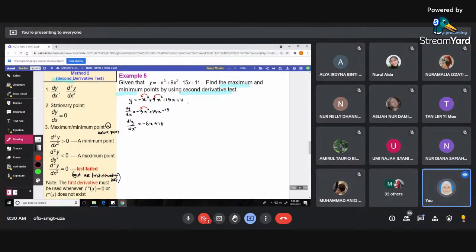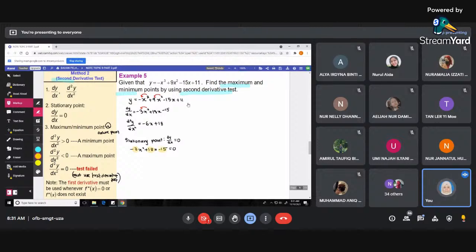Lepas tu, second step, kita kena cari apa? Stationary point. Apa syarat stationary point? dy/dx equal to 0. So that's why we write again, negative 3x squared plus 18x minus 15 equal to 0.